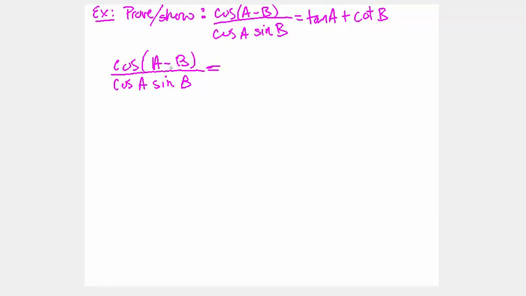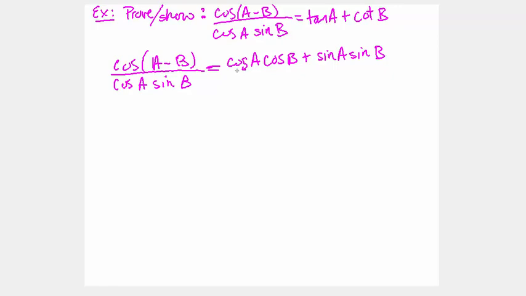The cosine of A minus B, according to our identities, is the same as the cosine of A times the cosine of B. And then remember, we use the opposite sign, so we had a difference in between here on the left side, which means we use a plus on the right side, and then we put our sines, so sine of A, sine of B.